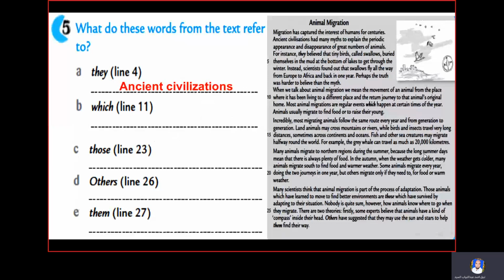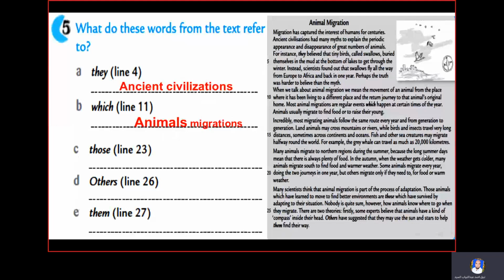Most animal migrations are regular events which happen at certain times of the year. So which refers to animal migrations or regular events.